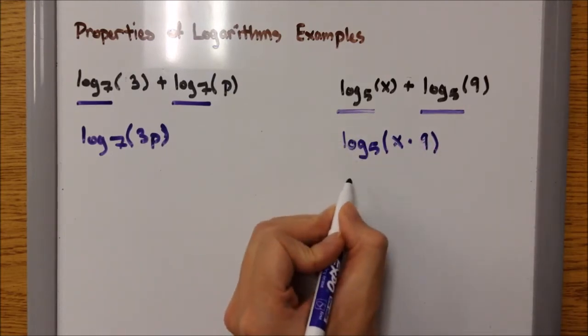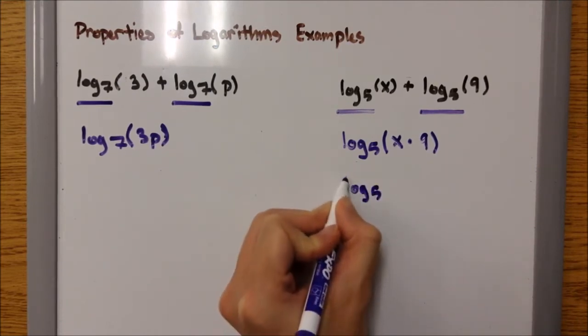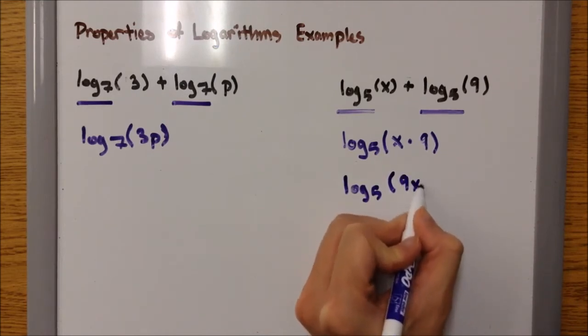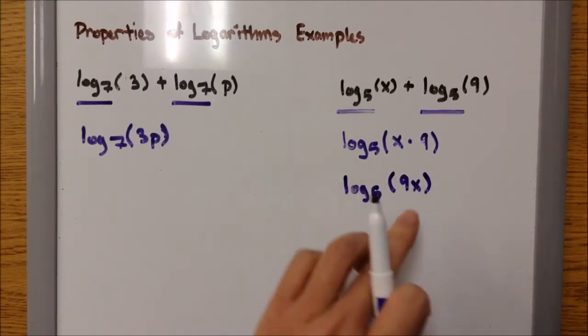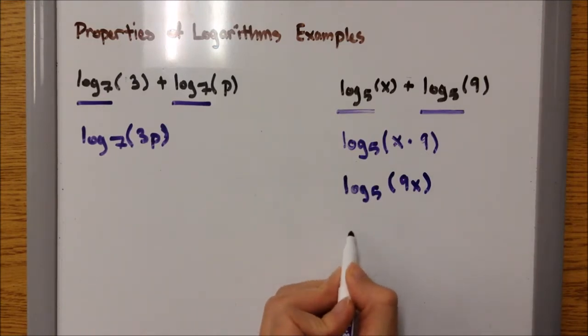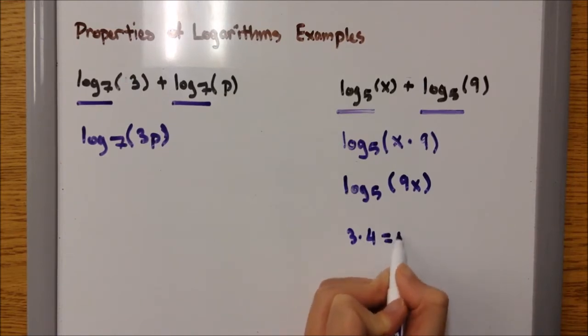So we can rewrite it as log base 5 of 9x. And the reason we can do that is because it's multiplying. It's the same thing as if I were to ask you, what's 3 times 4? And it would be 12.